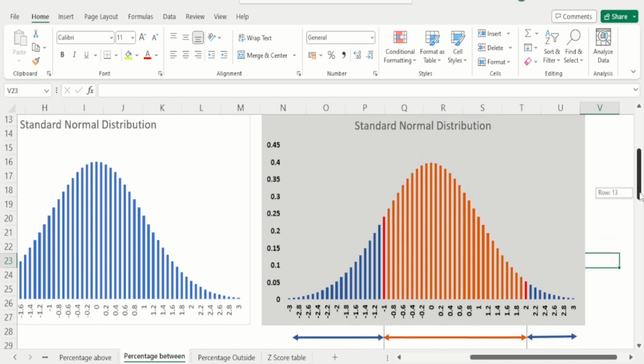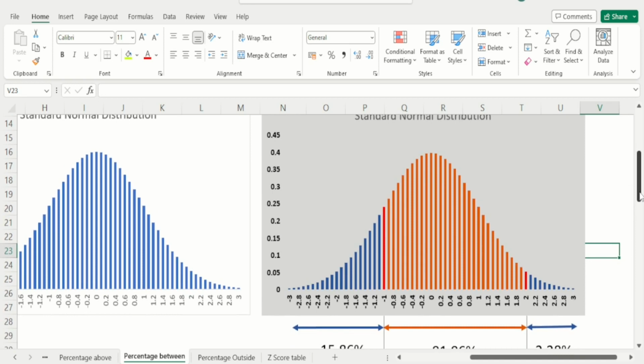So how do we get that brown colored region? That brown colored region is nothing but this entire area starting from -3 z-score till +2 z-score, this entire area. And from this entire area, we can then subtract this small blue colored area right here, which will leave us with this brown section in between. So how do we get the larger area all the way from -3 till 2?